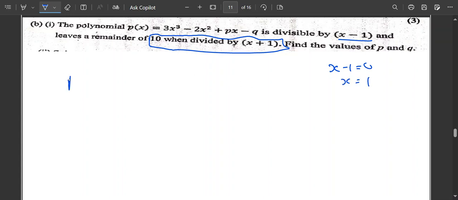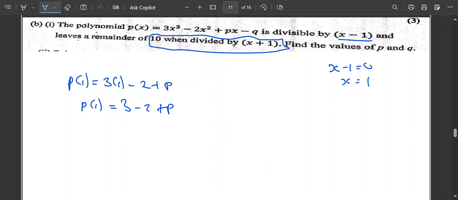So I'll write P of 1 is equal to, wherever there's x, you put 1. So on top there, that will be just 3, then minus 2, plus P. So P of 1 is equal to, remember, it should be 0 if it's a factor. So it will be 3 minus 2 plus P.